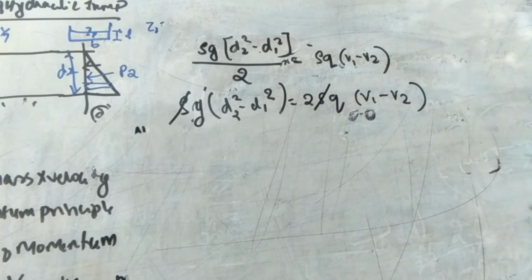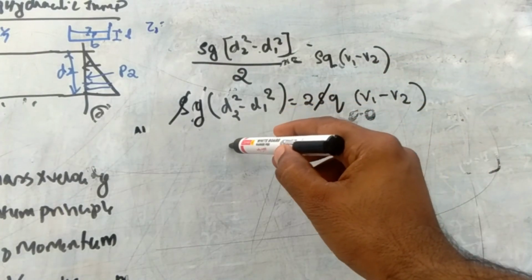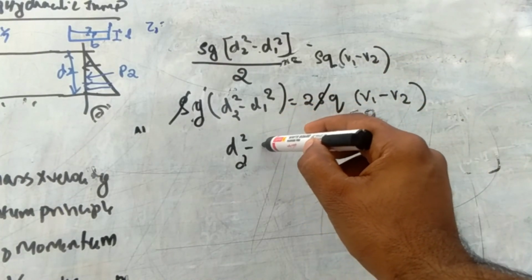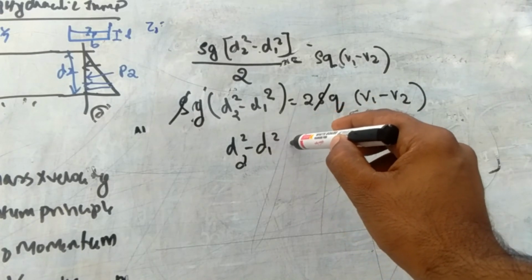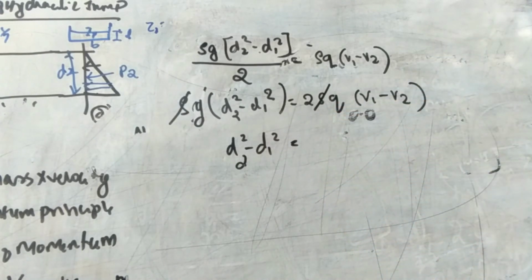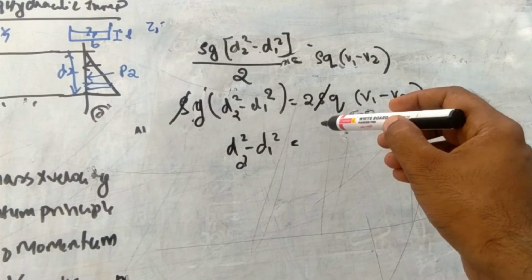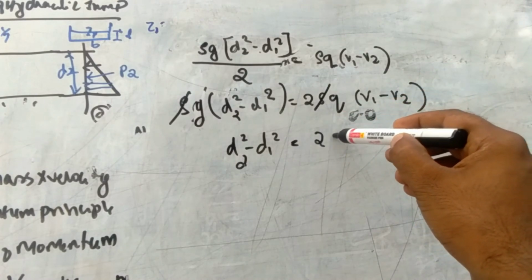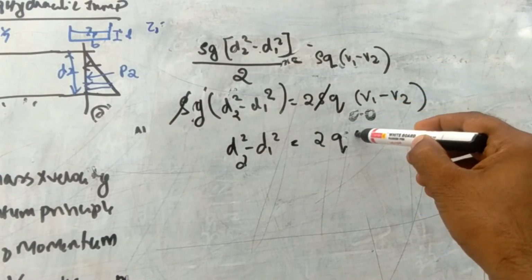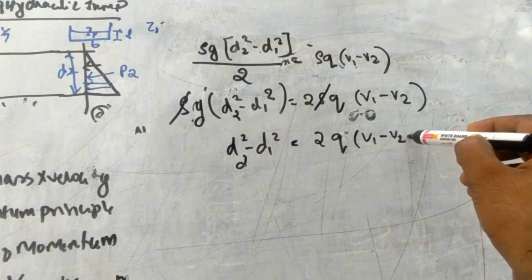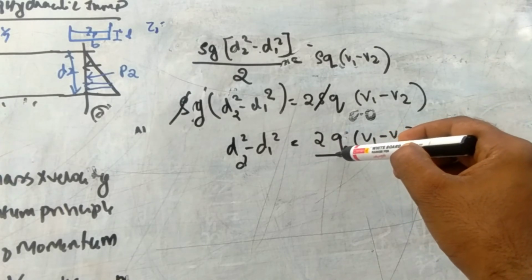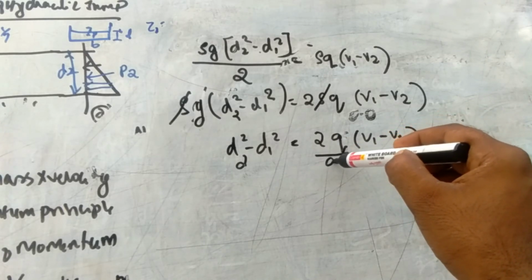Rho will cancel, and the answer is d2 square minus d1 square is equal to 2 small q into v1 minus v2 divided by g.